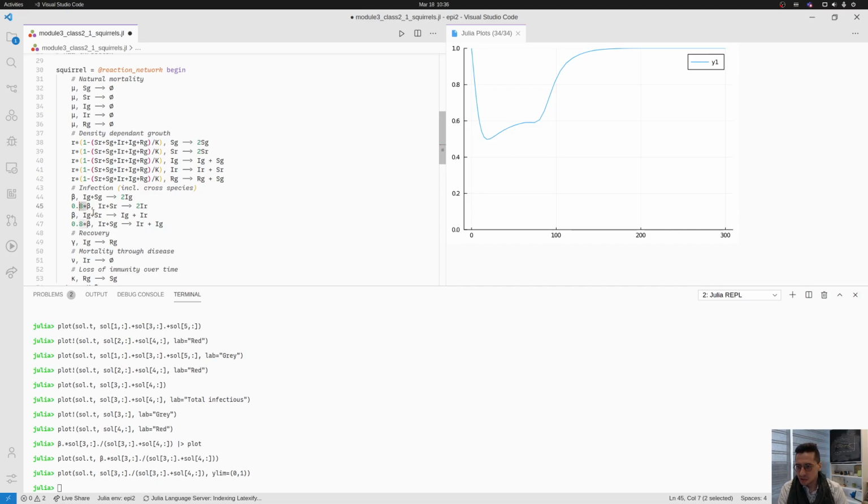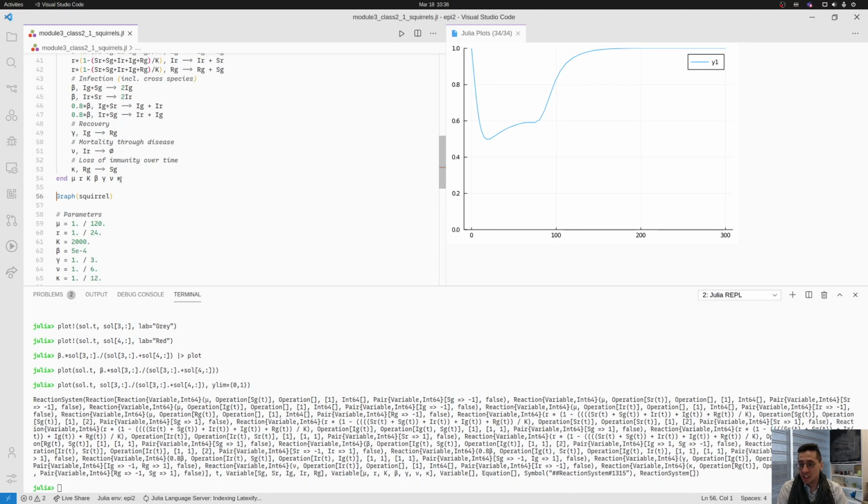No, that's not this one, it's the one underneath. Okay, so the intraspecific infection is going to be 100%, and the interspecific infection is going to be 80% of that. That might not necessarily change the entire model.